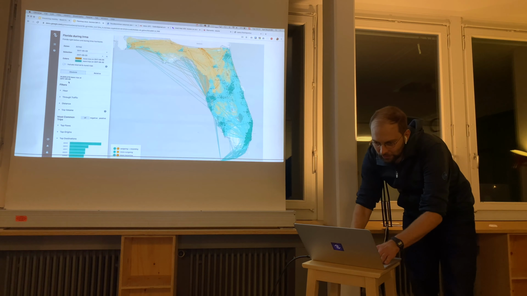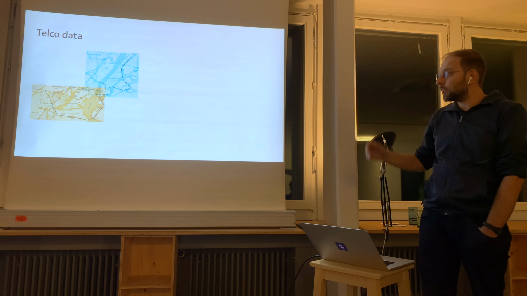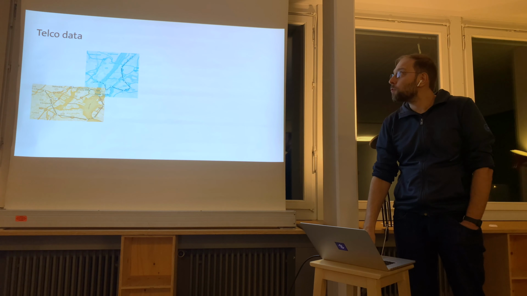The data we're getting access to from telcos is traces of movement for many people. It's anonymous, of course. Our data scientists do some probabilistic modeling and aggregate this data for many people, and we can get some kind of aggregated view.